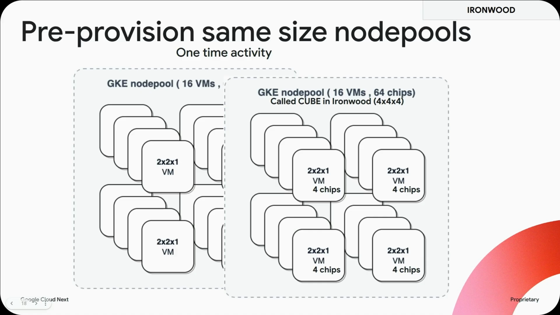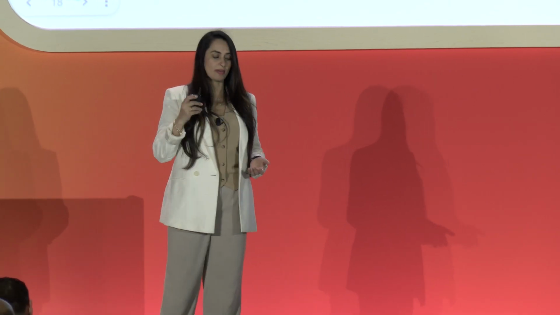You're going to take your capacity and pre-configure your node pools as a 16 VM node pool. And why 16 VM? Because in Ironwood, this is called a cube, 4 by 4 by 4. This is the basic building block of Ironwood and the smallest failure domain. And this is a one-time activity. You take as much of your capacity as you have, convert it into node pools, and that's it. One time, let's get it done.